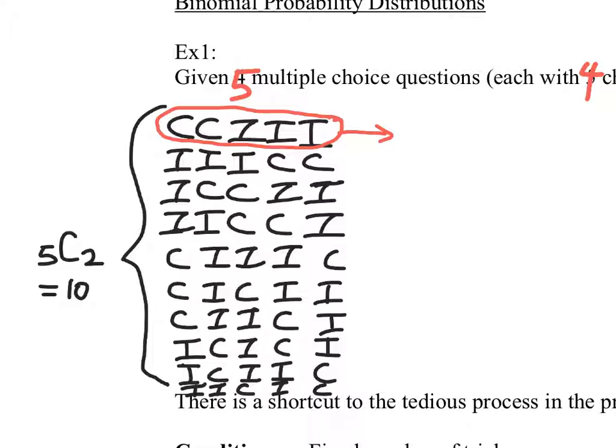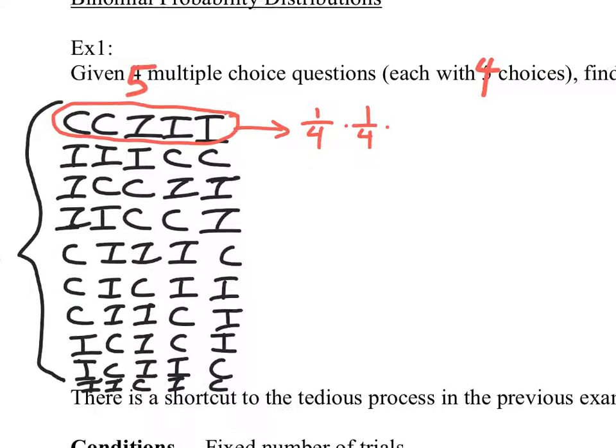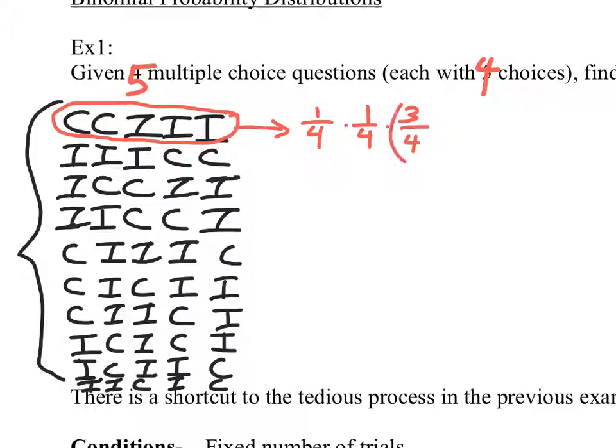I would find the probability of getting the first one correct, which is 1 out of 4, the second one correct, then the remaining 3 all incorrect. So 3/4 three times.